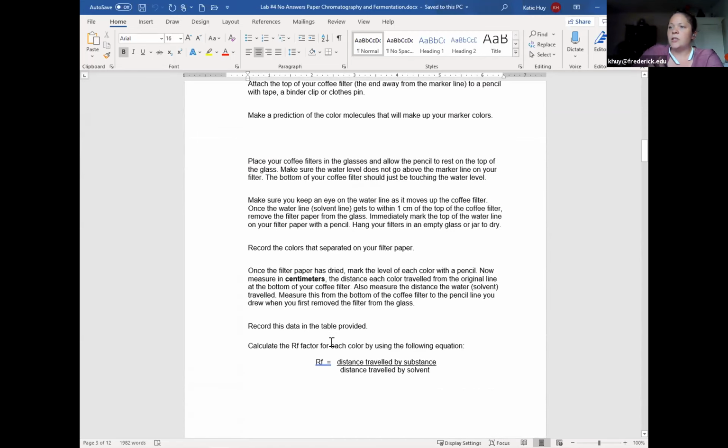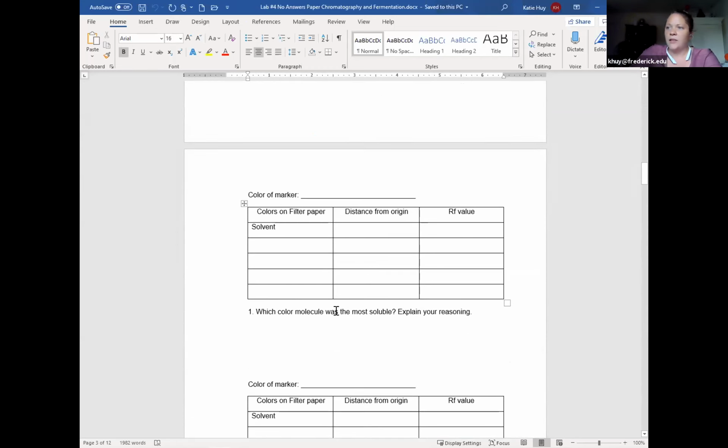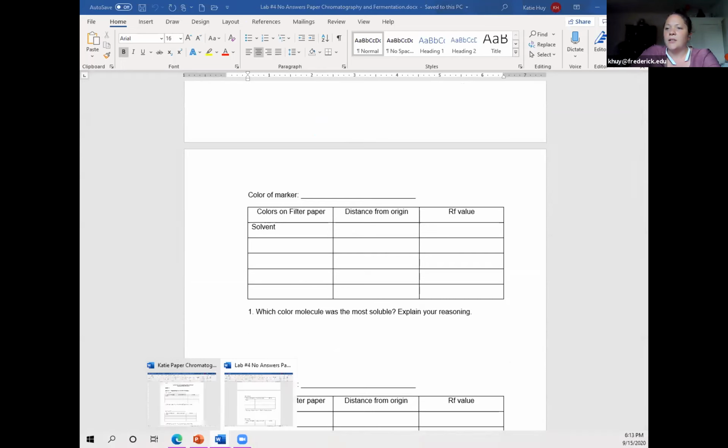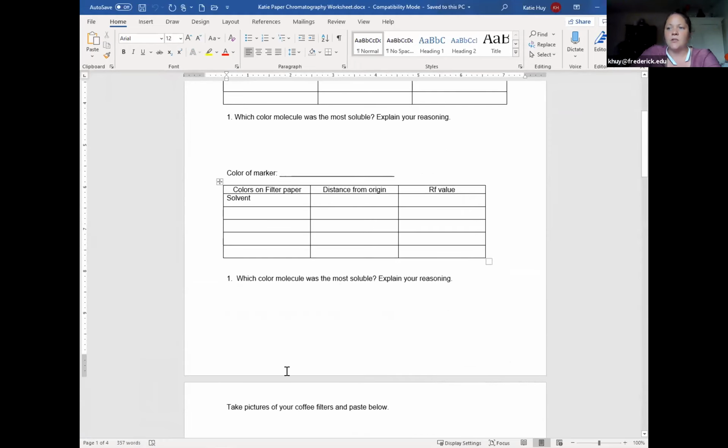You're making your predictions, you're figuring out RF factors, and you're writing those down here. These tables are also in your tables and activity sheet. So you're filling that in, because you've got 3 different things all happening at the same time: your lab, your PowerPoint, and the activity sheet.